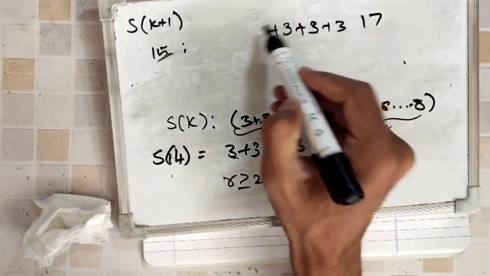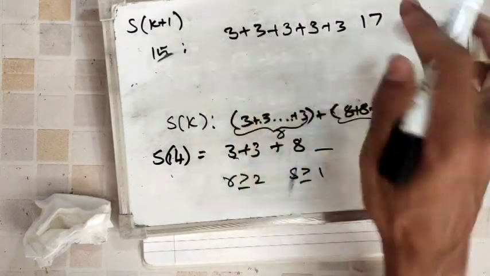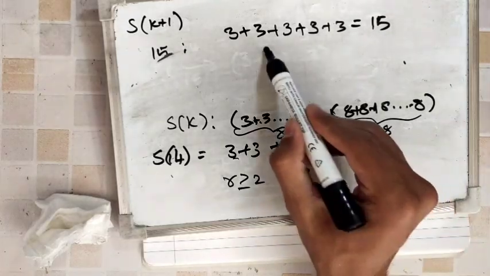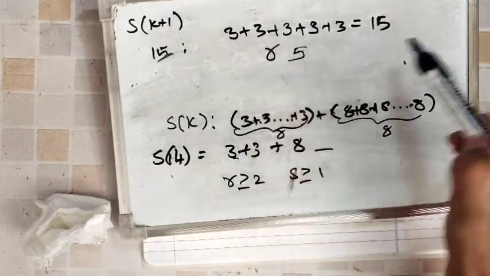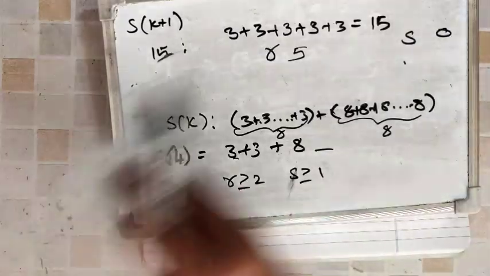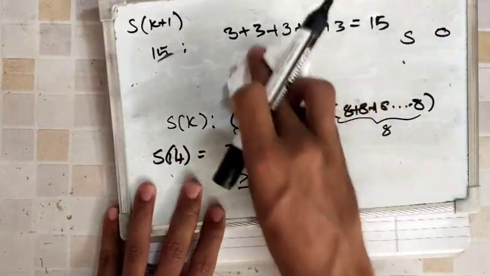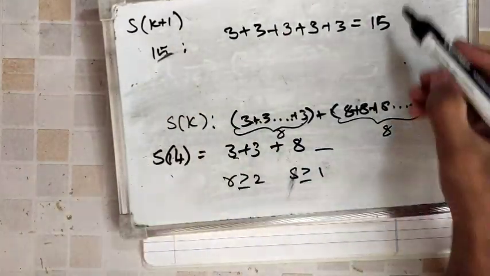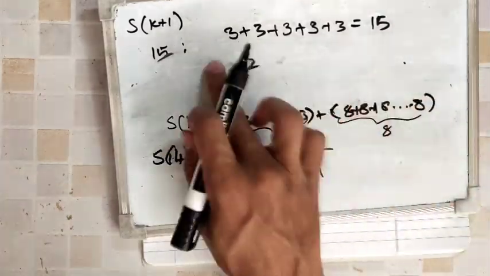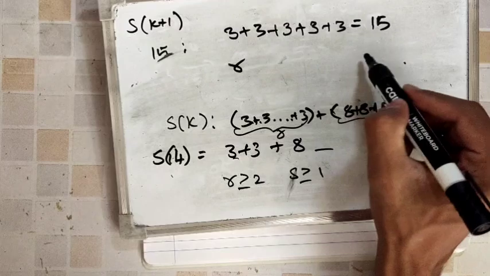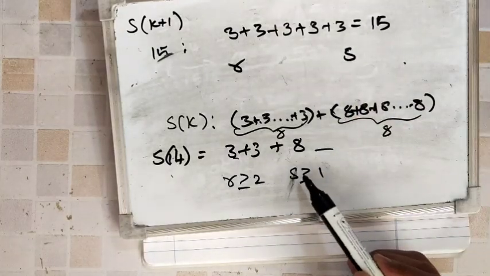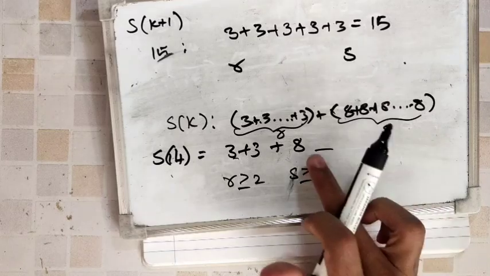So what I will do, I will add 3 five times, okay. Now you see here, r is 5 times, and s is 0 times. In a better way, I will say how r has changed. r was greater than or equal to 2, and s was the number of times 8 was there, s was 1.